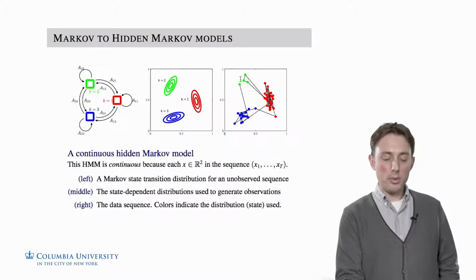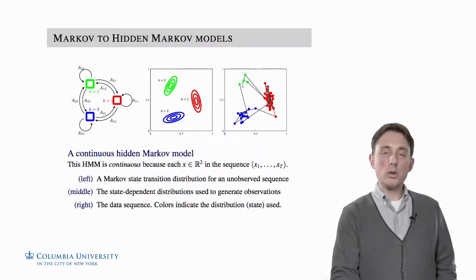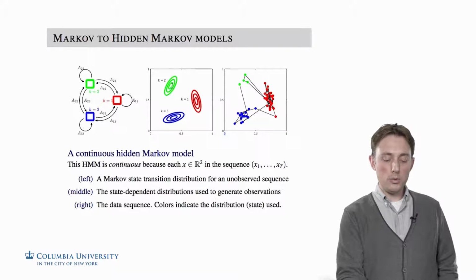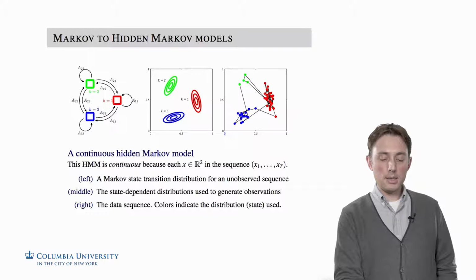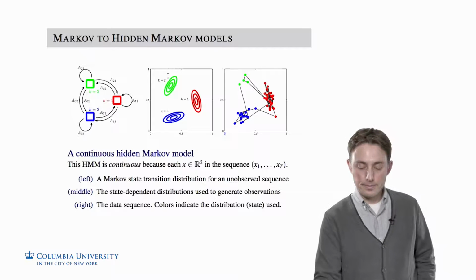The red and the green points are also random variables with their corresponding distributions. And the order in which we generated these points was like this. So we started in this state, moved to this state, and stayed here for a while. Finally, we moved to the red state and stayed there for a while, and then we made it back to the green state.